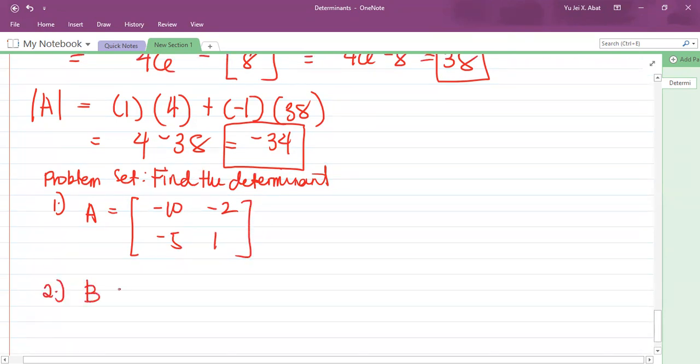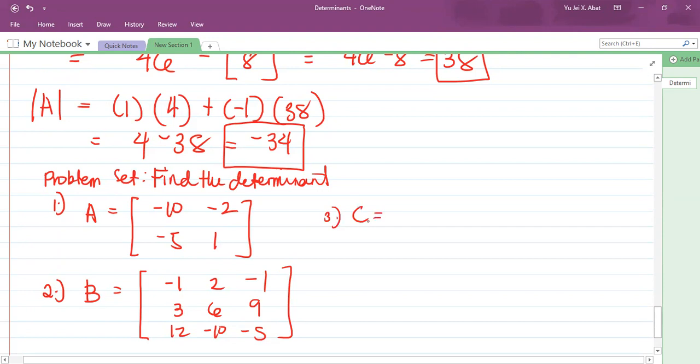For matrix B, we have a 3 by 3, -1, 2, -1, 6, 3, 6, 9, 12, -10, and -5. And for number 3, okay, matrix C, that is a 4 by 4, 1, 2, -3, and 4, 6, 7, -5, -10, -20.